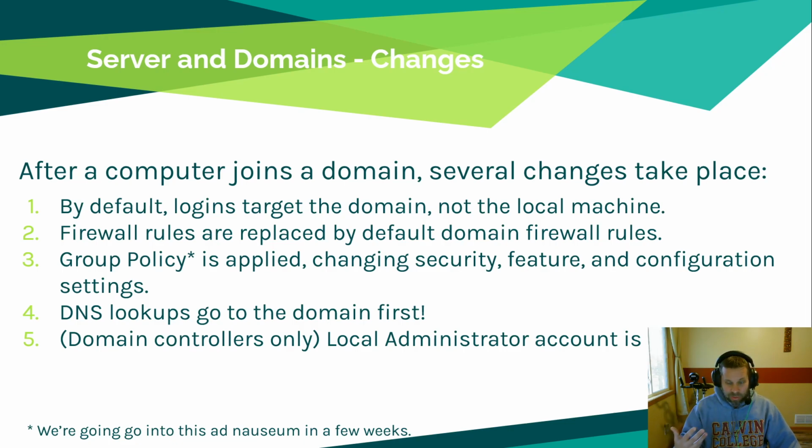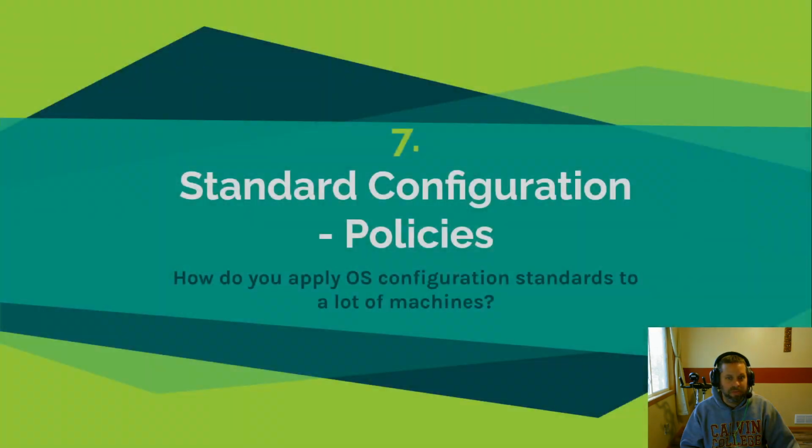Group policy, which is a way of managing configuration and security settings in Windows, will be applied to your machine, and any group policy that is set in the domain in Active Directory will be applied to your machine. And any DNS lookups that you have are going to go to your domain first. And those are the big ones that happen there.